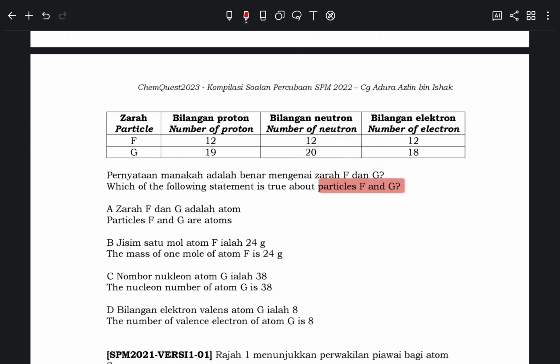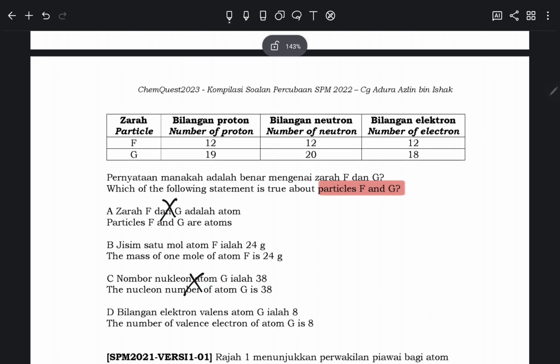Remember, the nucleon number of an atom or an ion is just the same, because that is the proton and neutron. Proton and neutron won't get a different value although in atom or in ion state. So they remain as 39. But they say 38 here. So obviously wrong. A is wrong, C is wrong.